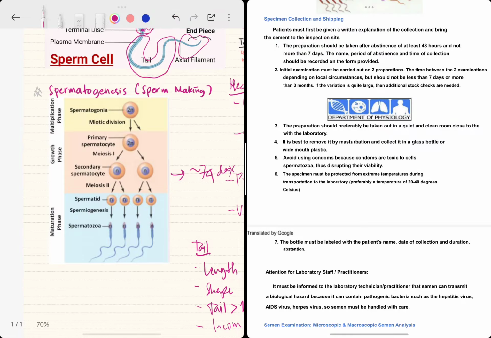So if a man gets sick today, in the next 3 months he could have some kind of abnormal morphology or motility of the sperm.